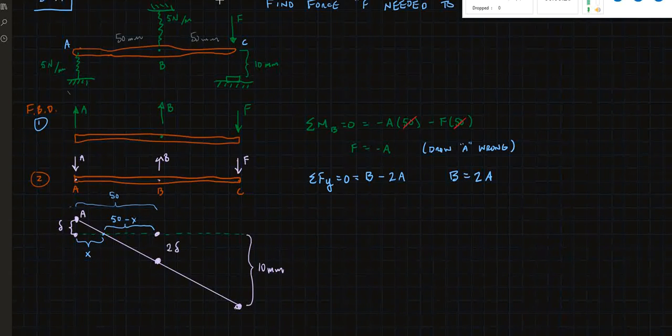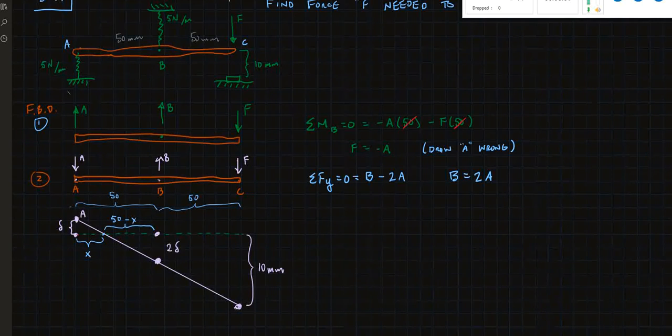Same with the distance from here to this point. It's also 50. So this is not really drawn to scale. At least the scales in the y and the x-axis aren't exactly the same. So anyways, let's look over here now.